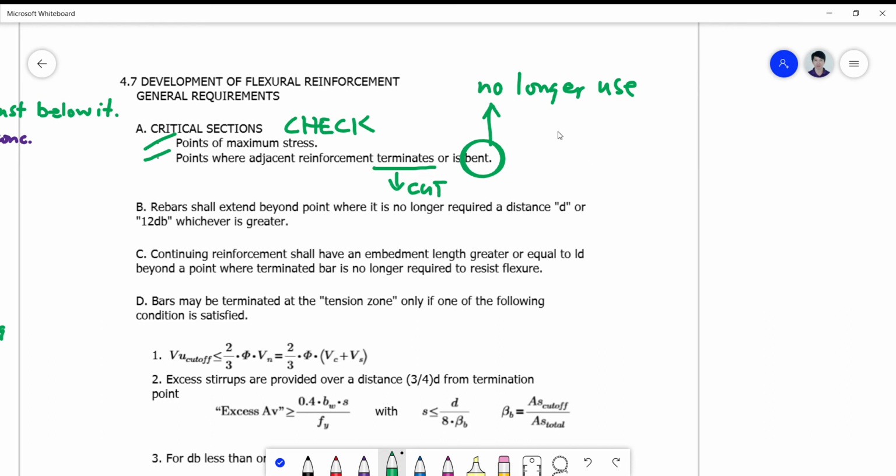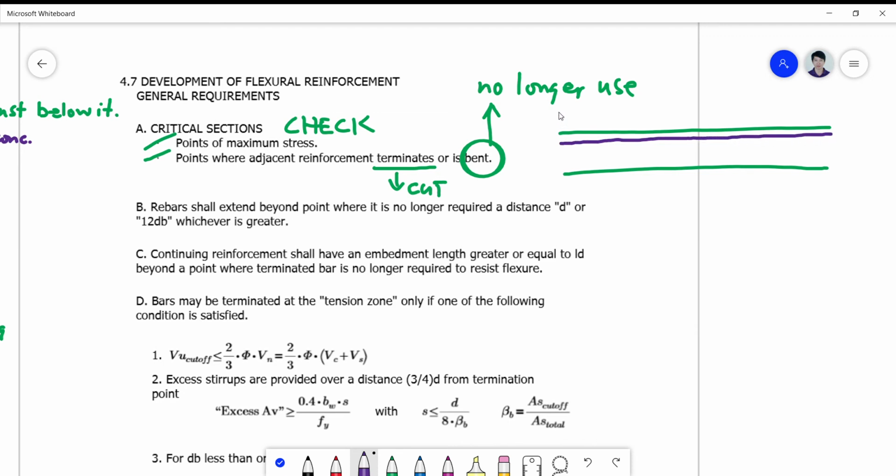So if I have a beam, let's say here, and my bars are placed here, supposing a fixed-end beam, these are my reinforcement. So the critical sections are this one.